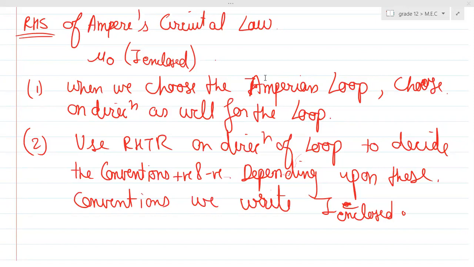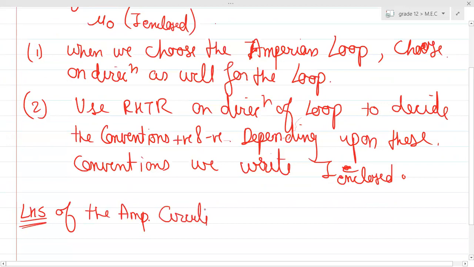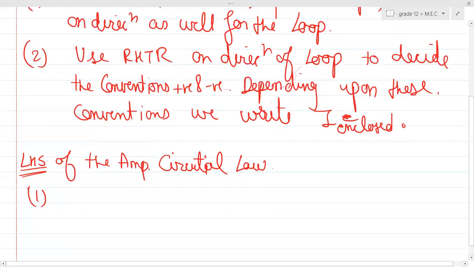So, is our right hand side clear, guys? Let's come to the left hand side of the equation. When we come to the left hand side of Ampere's circuital law, choose the Amperian loop.